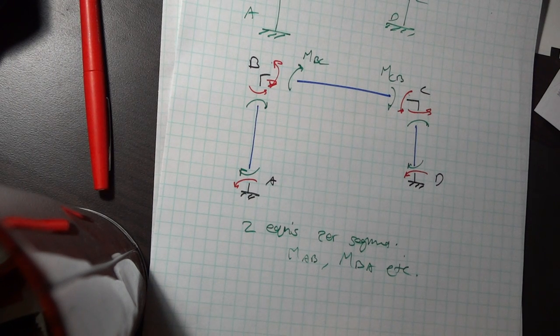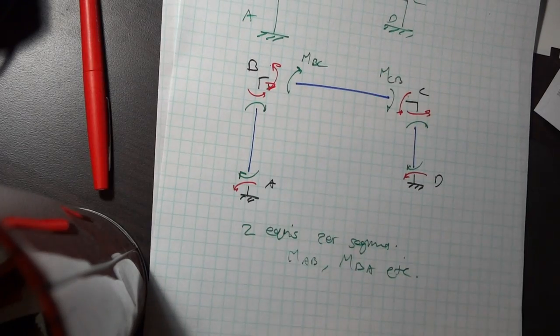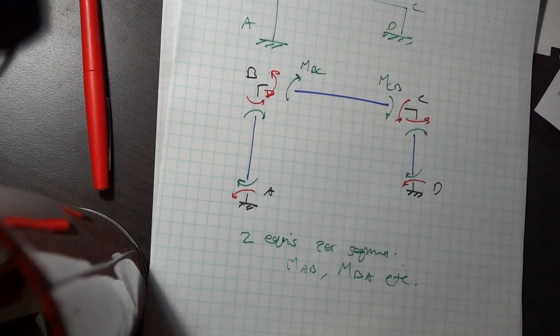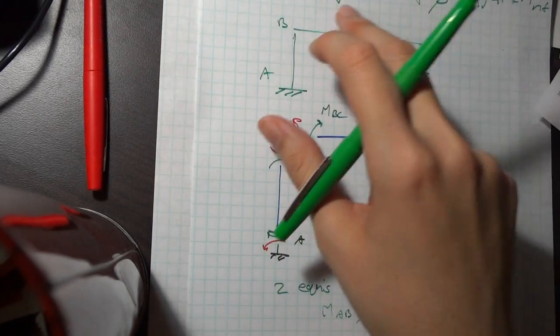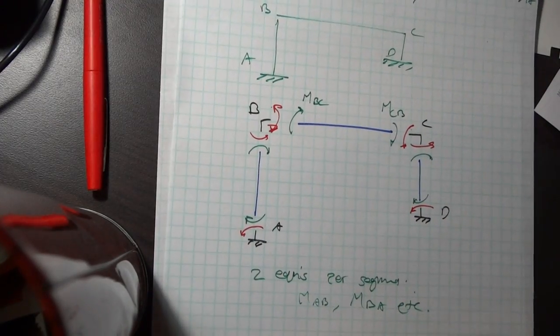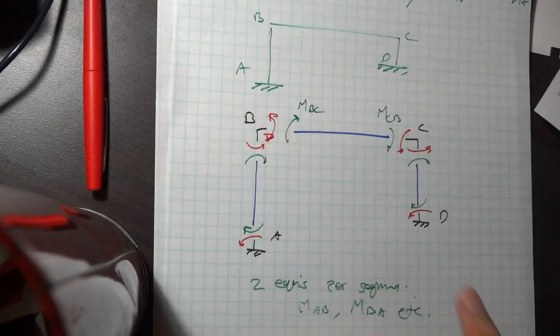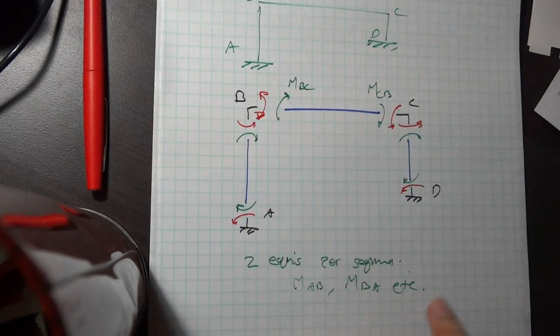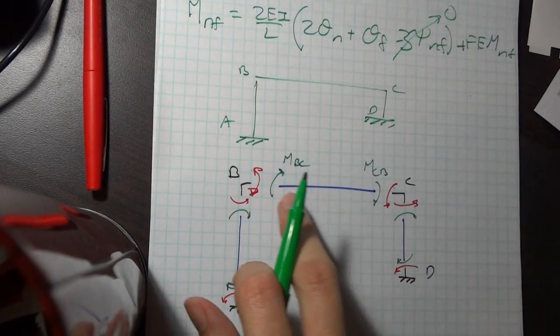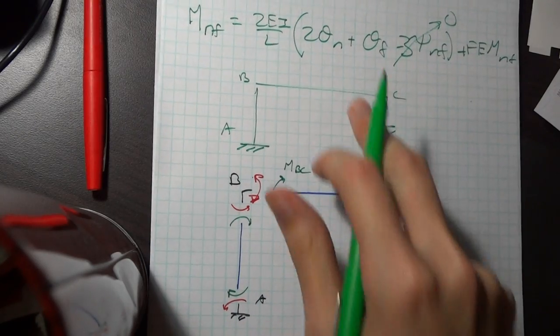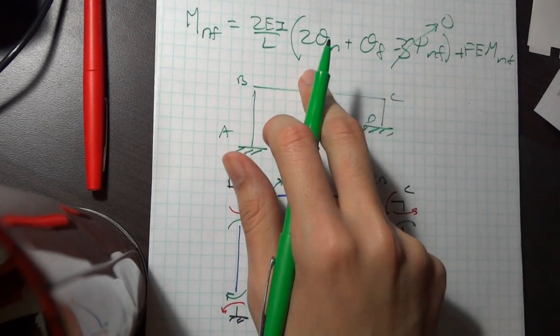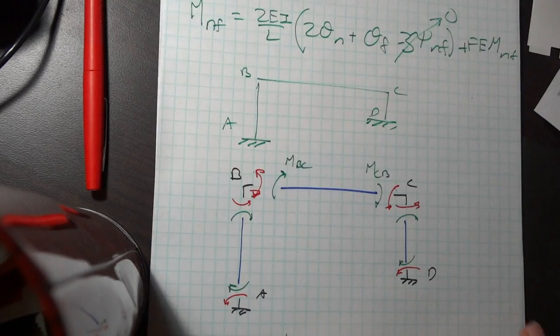Once you have those two equations, you're going to use your joints to solve for your rotations. You're going to use your joints to solve for the moments at these points. MBC and MCB are both unknowns, and theta B and theta C are both unknowns.